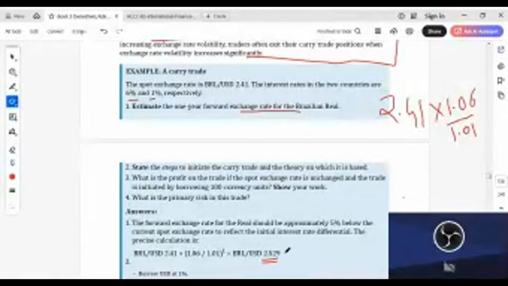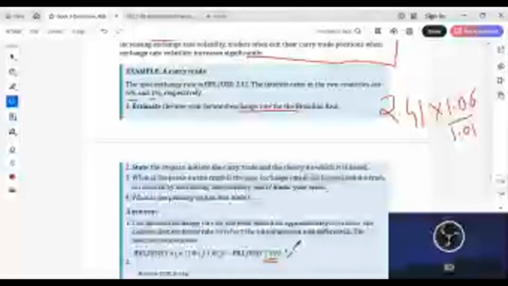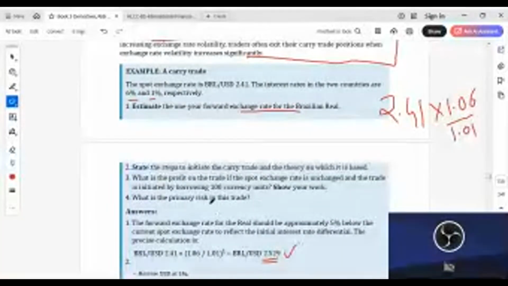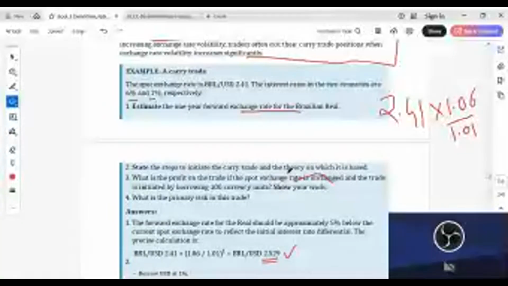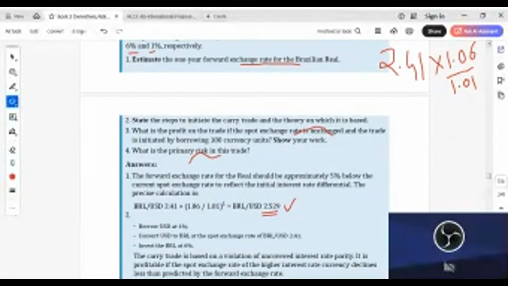Obviously, if the exchange rate becomes 2.529, there is no profit. In third, exchange rate is unchanged. So if exchange rate is unchanged, clearly you can make a profit. Primary risk is that Brazilian real can depreciate by more than 5%, then your profit will be wiped off.